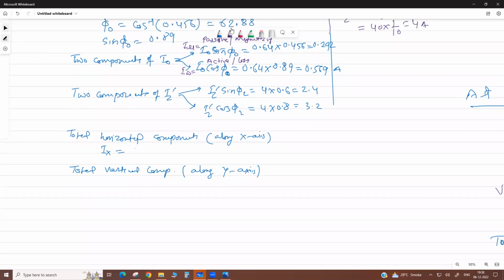So it is 0.292 plus 2.4, and here it is Iy equals to 0.569 plus 3.2.